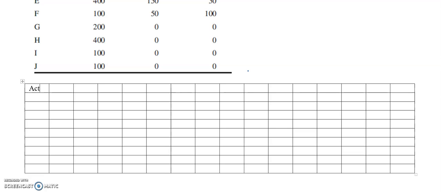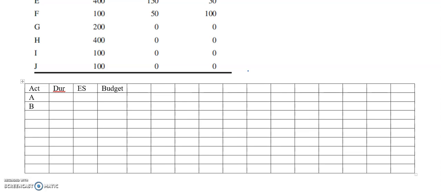This is the activity column, with activities A, B, C up to D, and then duration, early start, and budget.